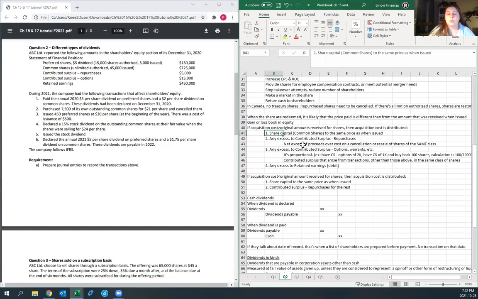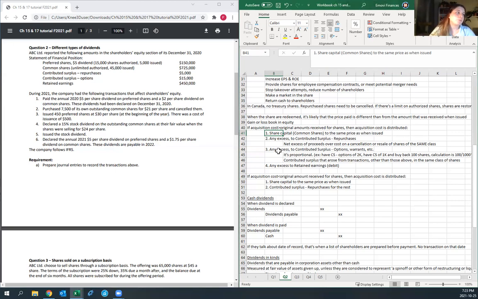So this is if there was a cancellation of shares where the book value was greater than the market value. It needs to be the same class. If you're buying back common shares, but you have repurchased preferred shares, you can't use the contributed surplus for it. You go to the next step.